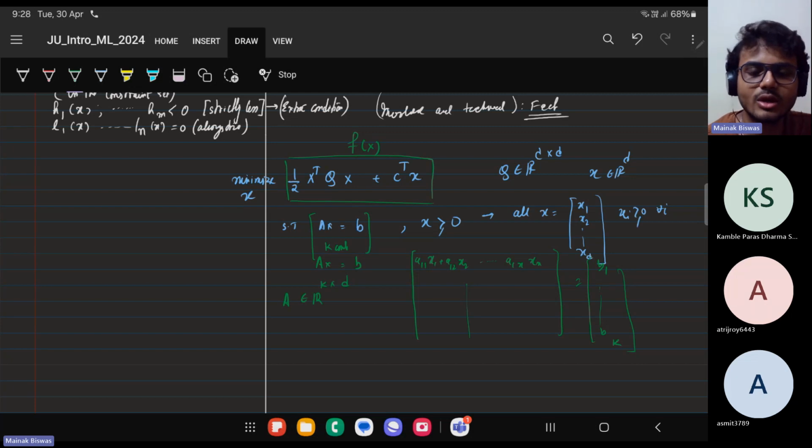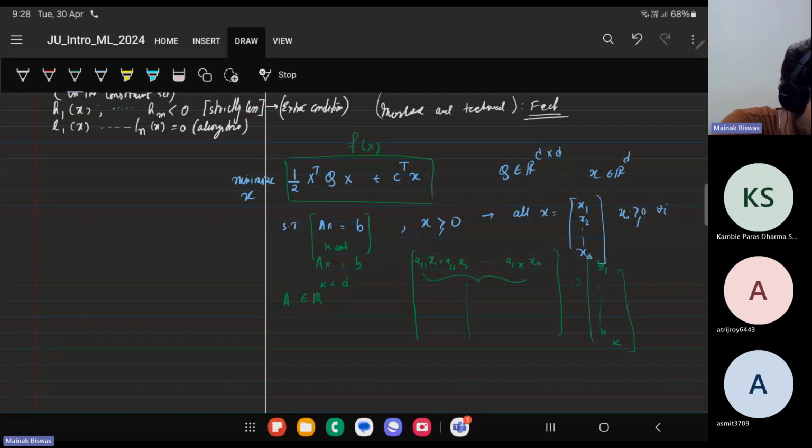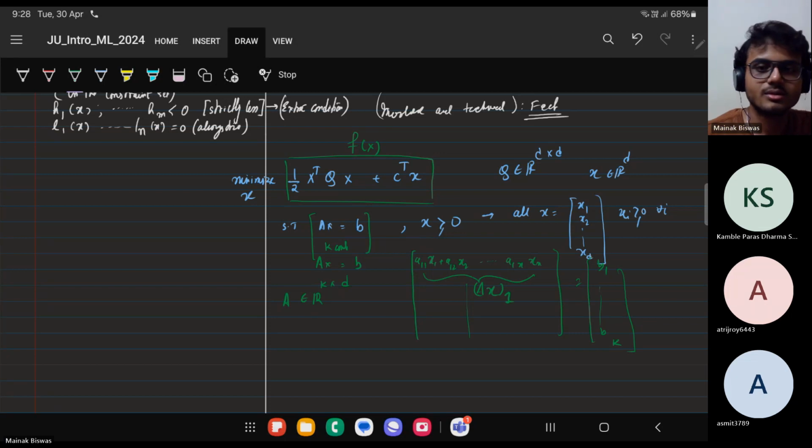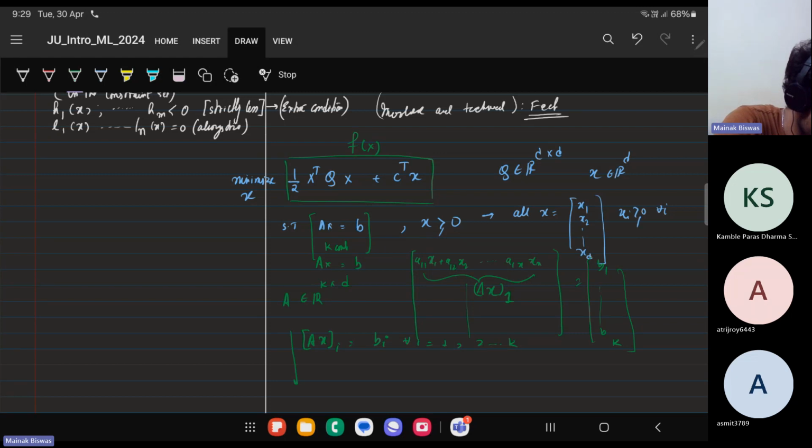Now it's very simple. We can do a very simple thing to put all of these into a single expression. So let us write this in a simple format. I know that AXi has to be equal to Bi for i equal to 1 to K. So there are actually K hidden constraints, right?